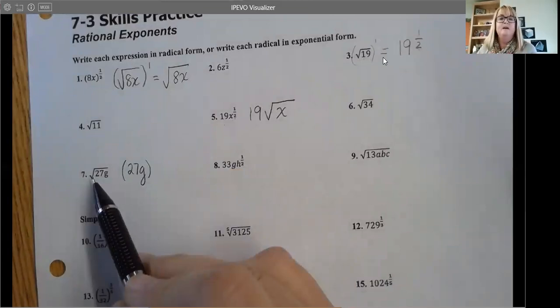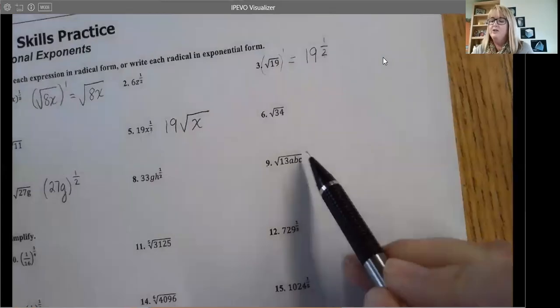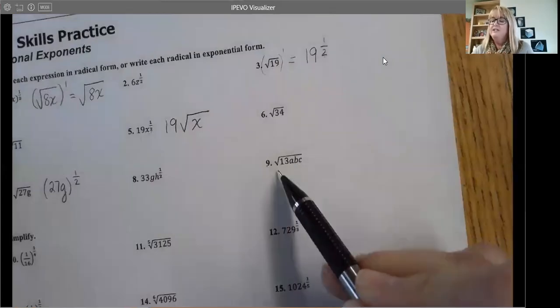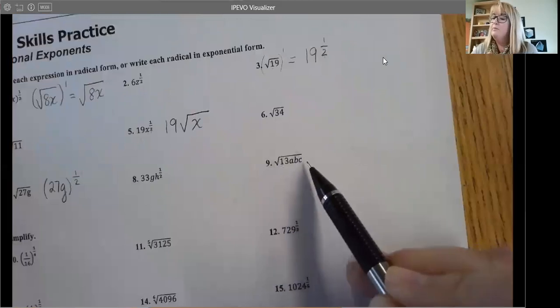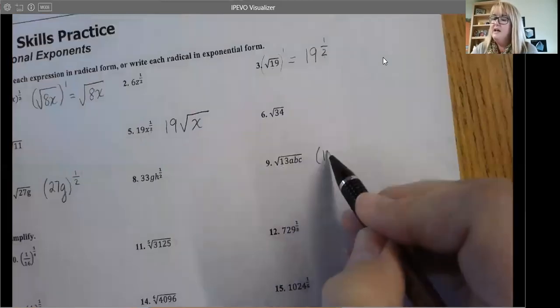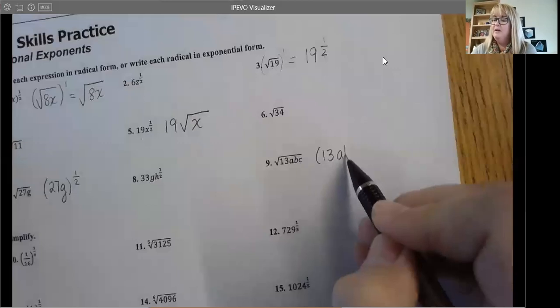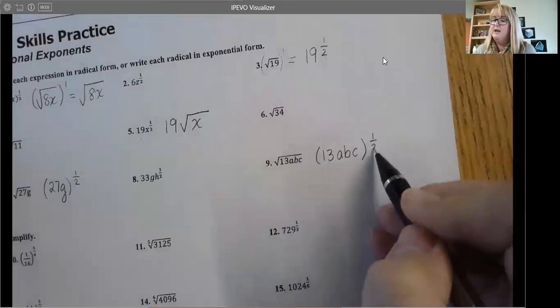Okay? Let's look at number 9. Same thing. We've got this big group under the square root sign. So I need to group these together in exponential form, and we group them together with parentheses. 13, A, B, C, and the square root, the exponential form would be to the 1/2 power.